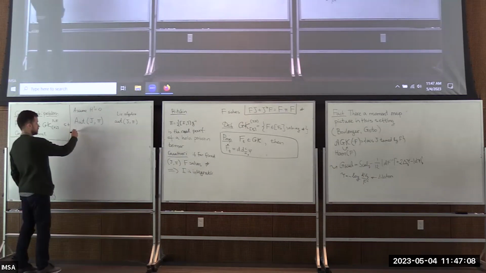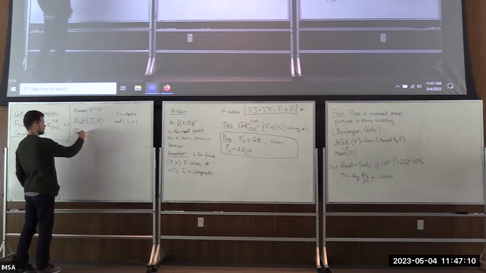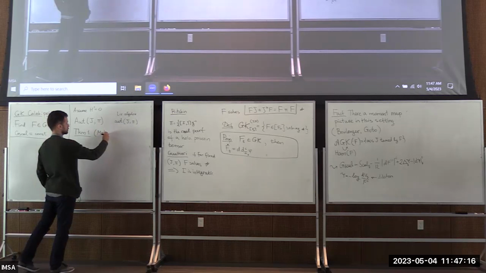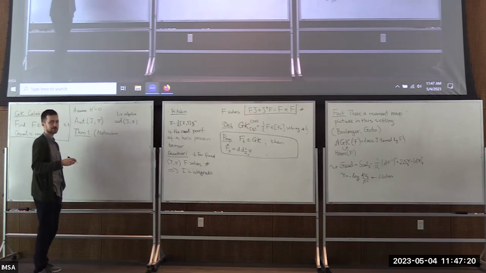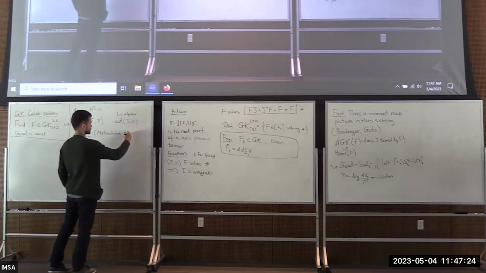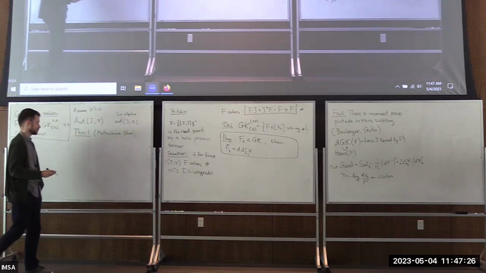And so what we can prove, Theorem 1, is an analog of the so-called Matsushima theorem. Calabi-Matsushima-Lichnerowicz, and there are many versions of it in different contexts. I'll just call it the Matsushima theorem.